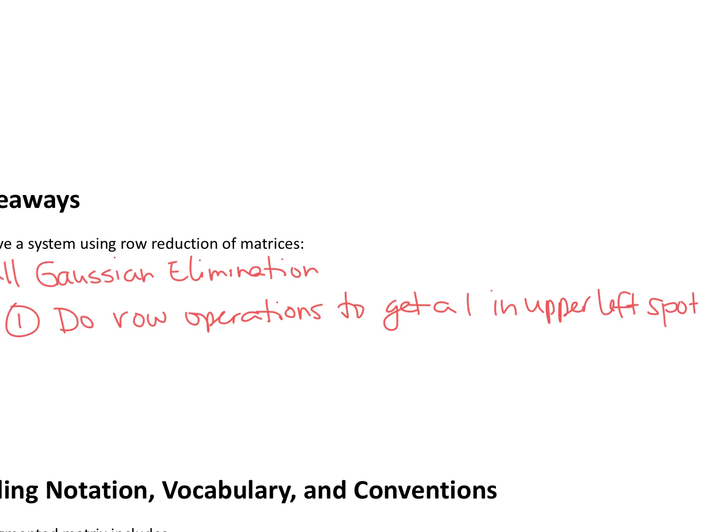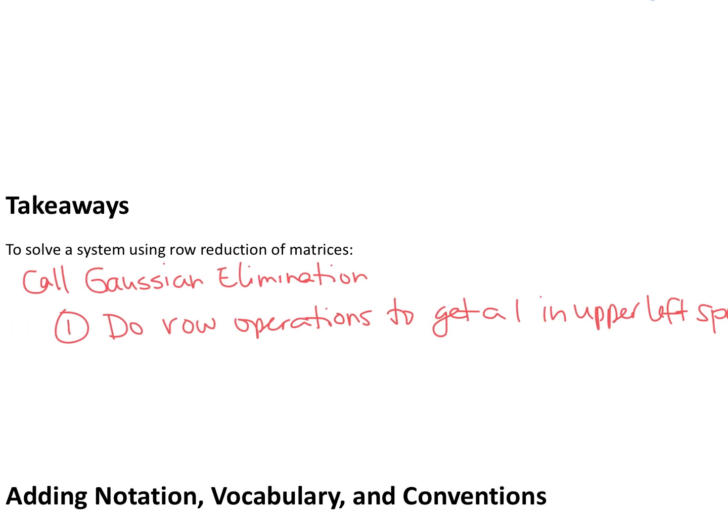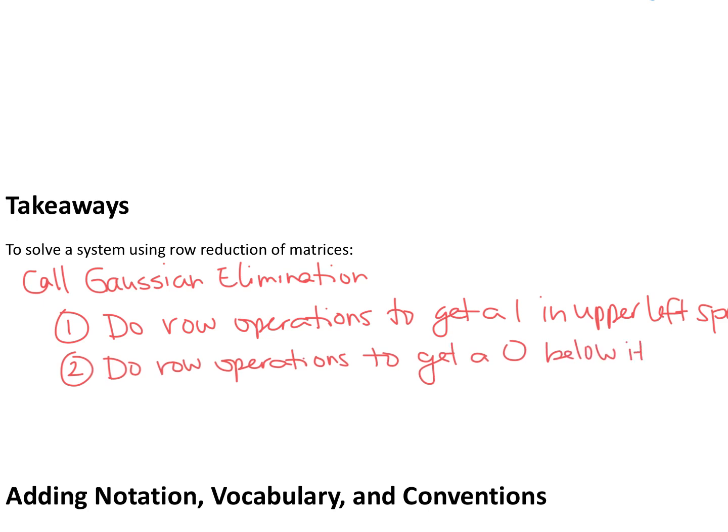Okay. Once you've done that, then the goal is to get a 0 right below it. Okay, so I'm going to write that too. Do row operations to get a 0 below it. Okay, and then just repeat until you get to reduced row echelon form.